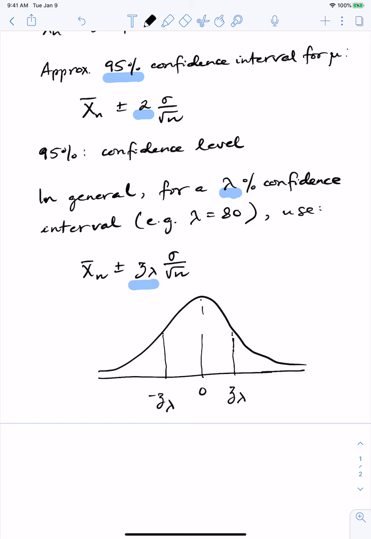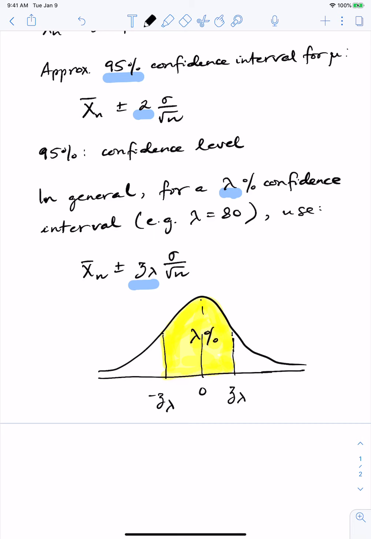There. Now, the defining property of this confidence interval is the confidence level, that's lambda. And that's this area here. And so in here you have lambda percent, right?